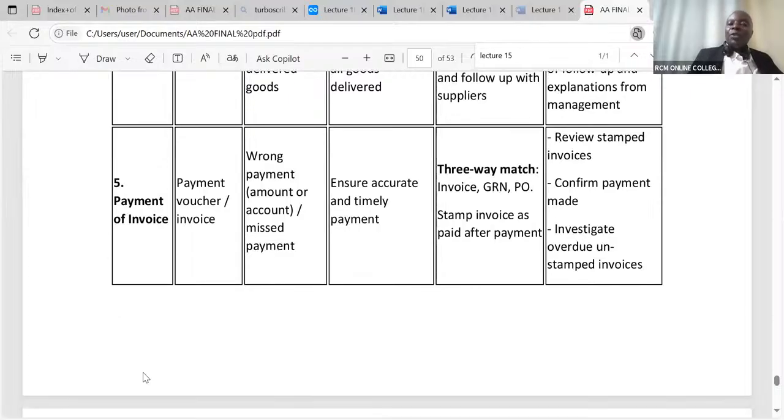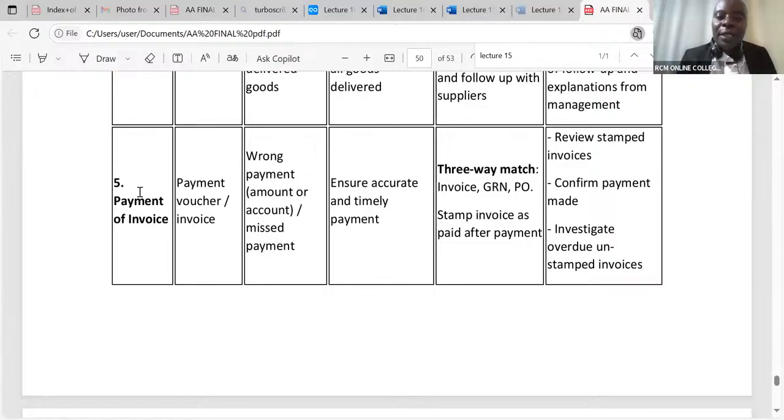Payment of invoice: I will pay this by raising a payment voucher against an invoice. So what could go wrong? Wrong payment, amount or account, or even a missed payment. So the control objective will be to ensure accurate and timely payment.